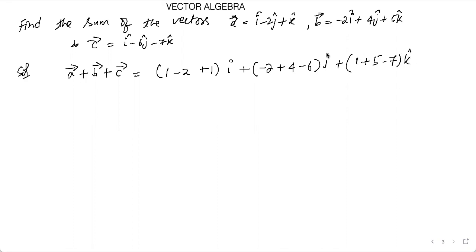So we got i and j and k. So let us compute it. So you get 0i, and this will be minus 4j and minus k, right?